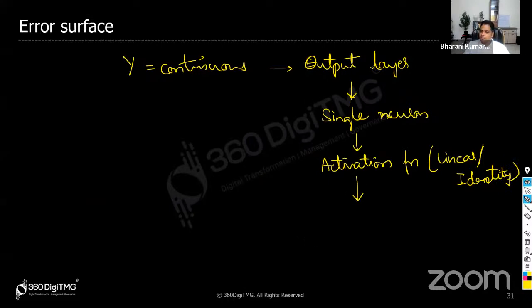Next, you also need to define your loss function or cost function. Usually it is mean absolute error or mean squared error. And this is for optimization.